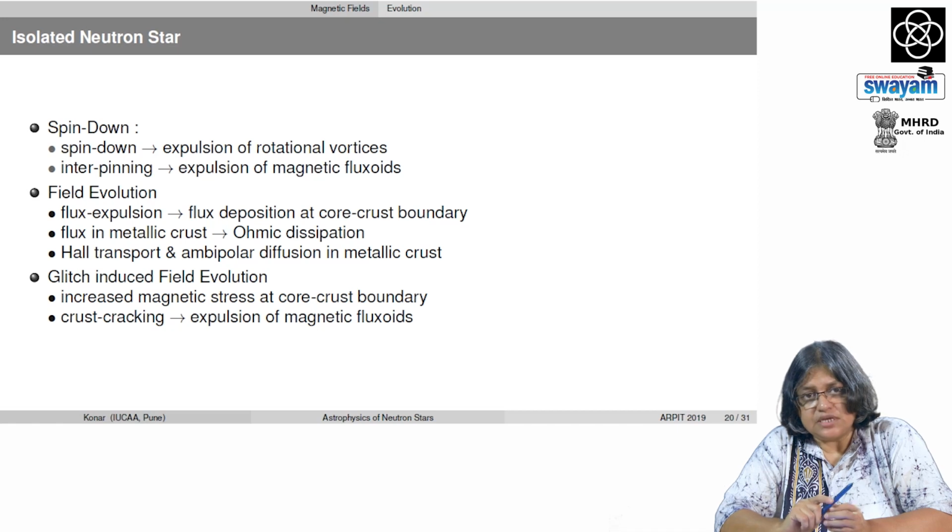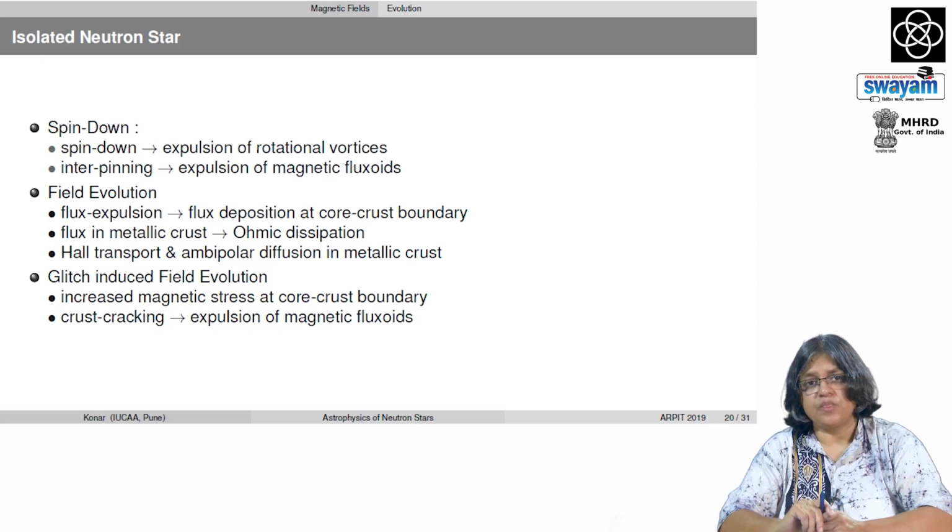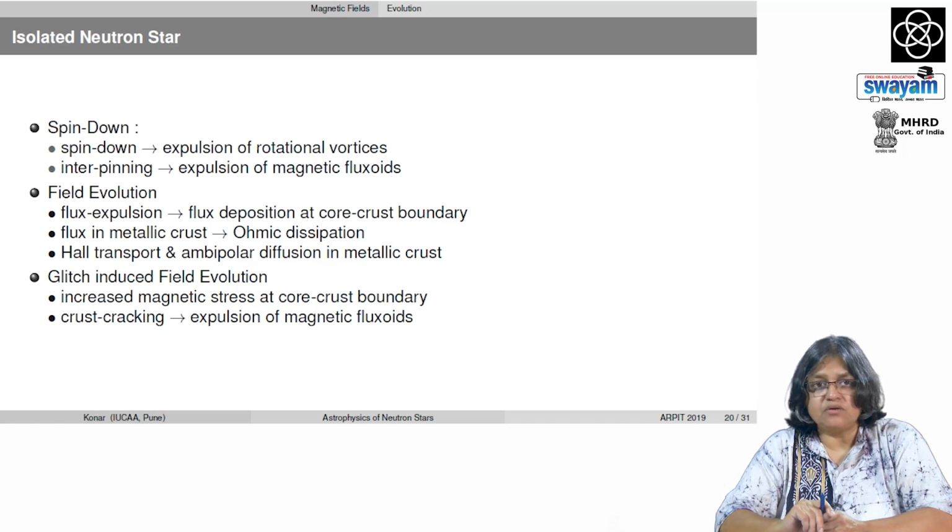Now, in the previous lecture we discussed about glitch and we hinted at glitch induced field evolution. So, if there are repeated glitches, there might be increased magnetic stresses generated at the core crust boundary. There could be very large crust cracking, and this may induce expulsion of a large number of magnetic fluxoids.